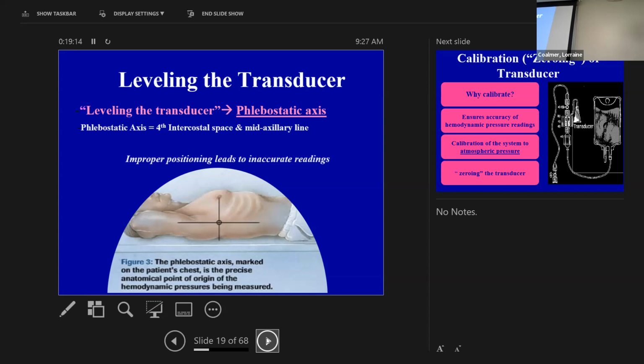Every position change, you must relevel. Because you got to be lined up with the atria. Have you got that? Why? Because those are our reference points to say that those are accurate readings. Everybody's in that same spot. It's mimicking that the catheter is in the right atria, and it's mimicking where that catheter's ending.